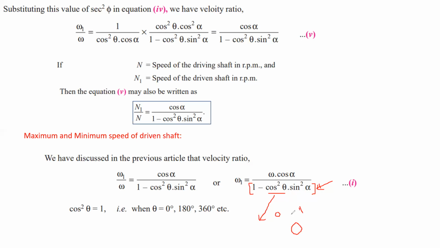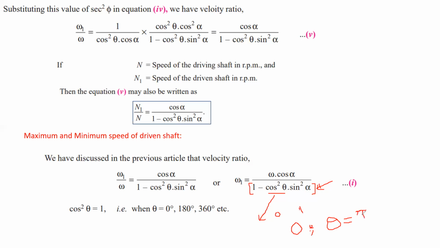Cos square theta minimum value is 0. Cos square theta का minimum value 0 कब होता है? At what angle cos theta is 0? Cos theta is equal to 0 at pi by 2.